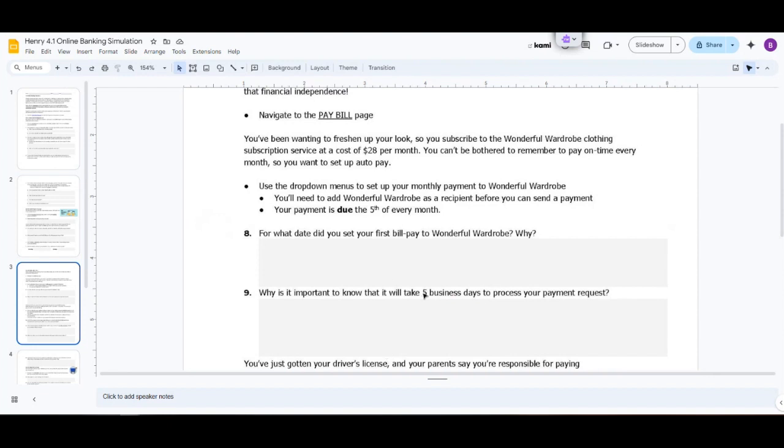So if I know that it needs at least 5 business days for Wonderful Wardrobe to receive my check, and the payment is due on the 5th of the month, I need to make sure that I'm scheduling it early enough that the Wonderful Wardrobe company has received it by the 5th of every month. So I'm probably going to need to mail it out maybe a couple of days before the end of the previous month. So again, it's going to ask me to set this up.